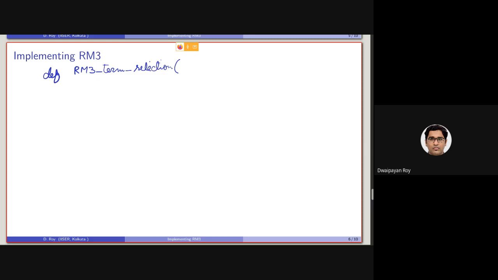We should take two parameters. One is the query, and second is basically the PRD.